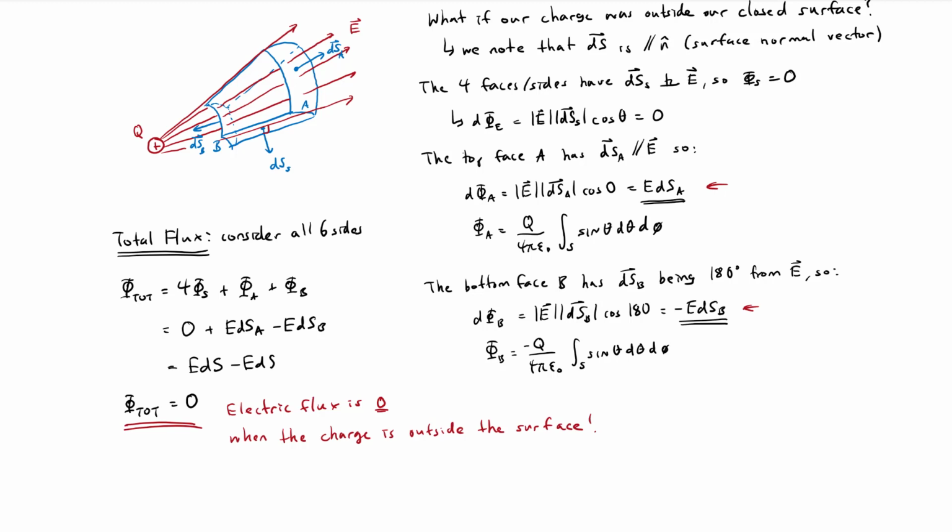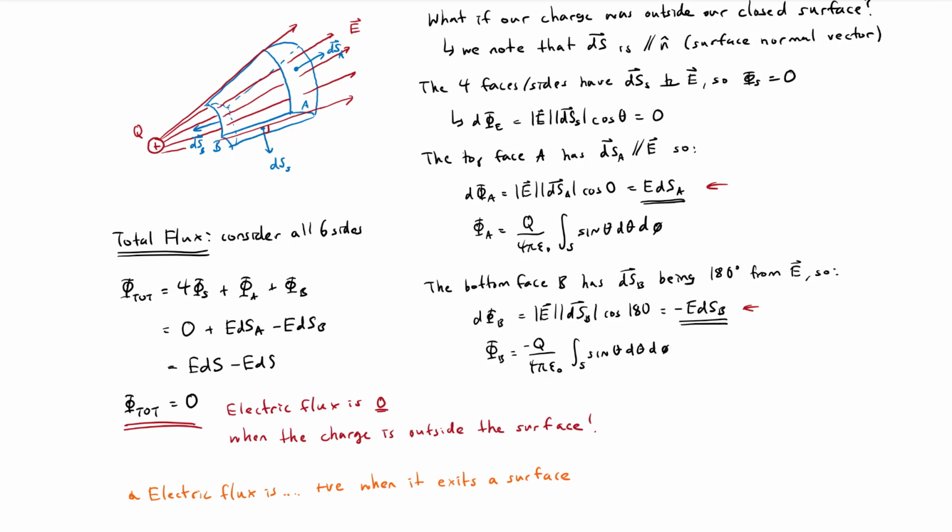If I take a look at face A, the electric field lines are coming out of the surface, and that's when flux is positive. So I can state that electric flux is positive when it exits a surface.